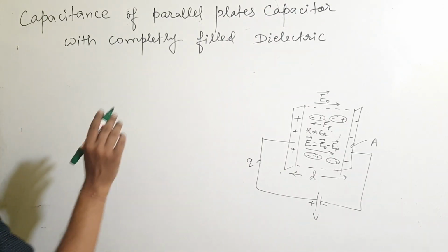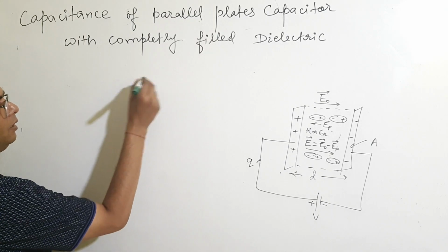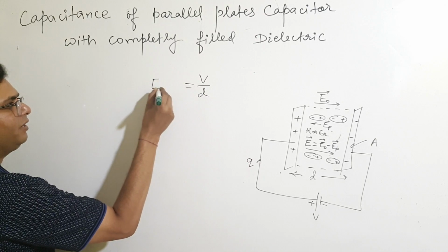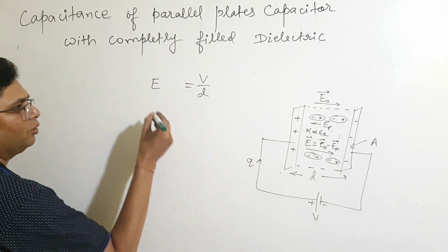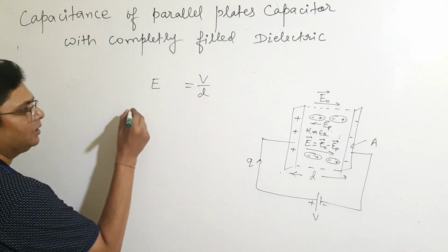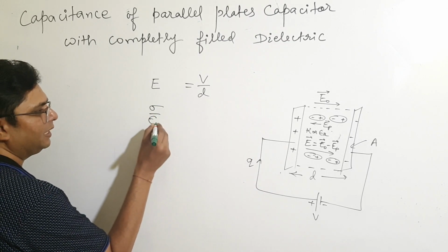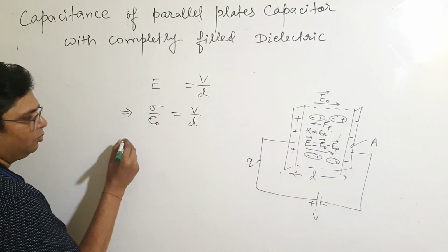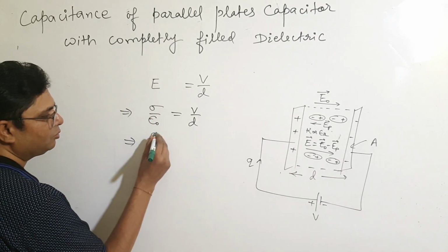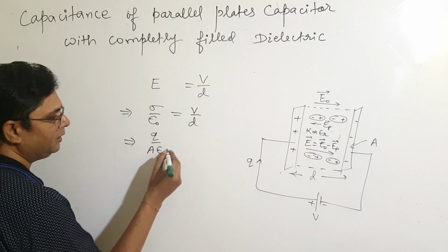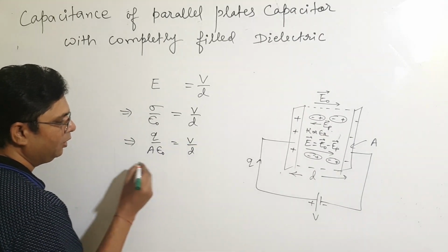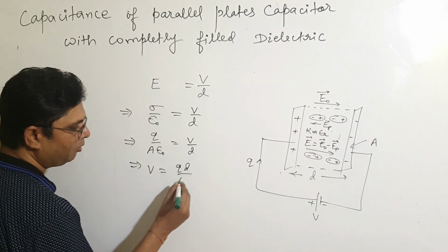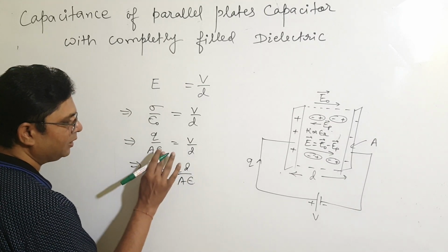You have potential V upon D equals electric field E. So electric field E equals sigma by epsilon, which equals V upon D. So you have sigma equals Q upon A, divided by epsilon, equals V upon D. So V equals Q D upon A epsilon.